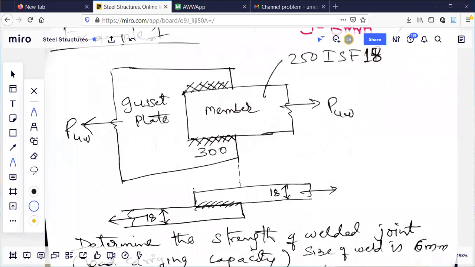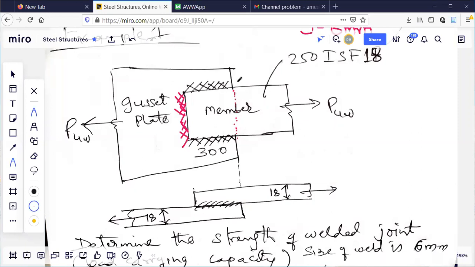if I apply weld here also, what will be the additional strength of this weld? Here means here also I will apply. I'll show dotted here because it is below. Here also applied.